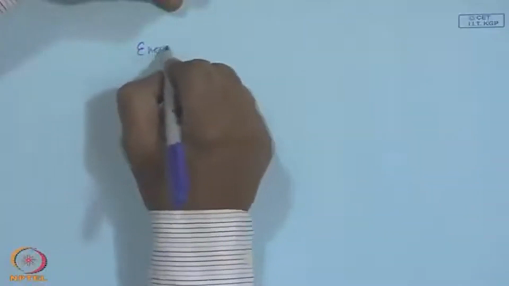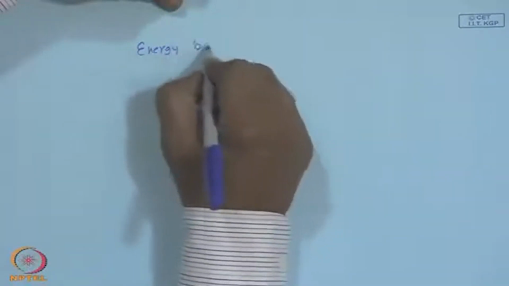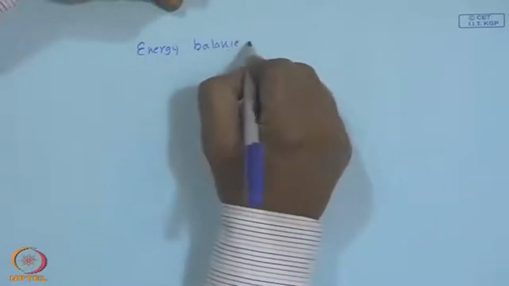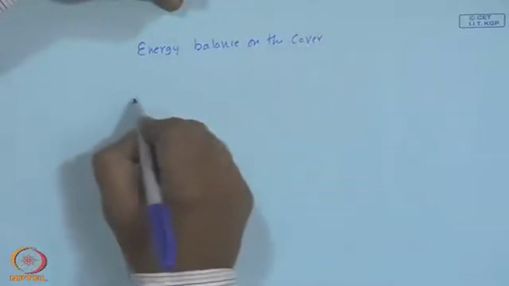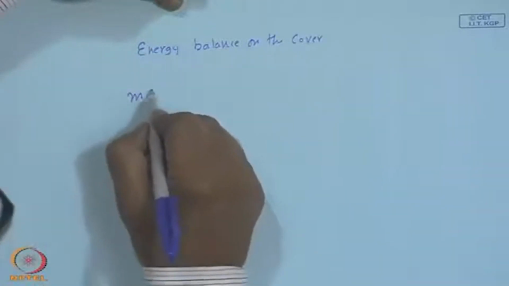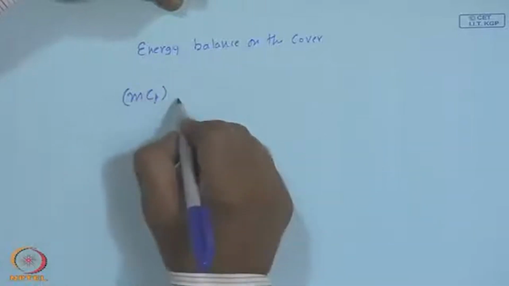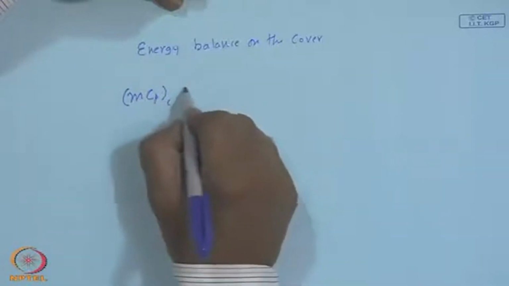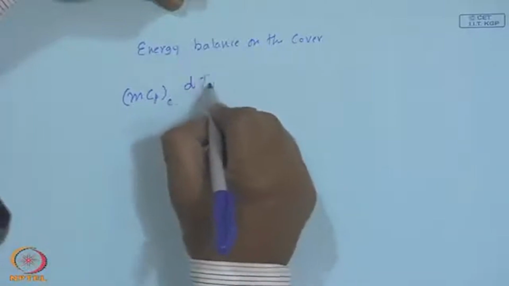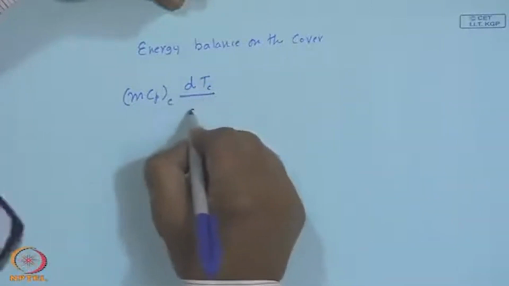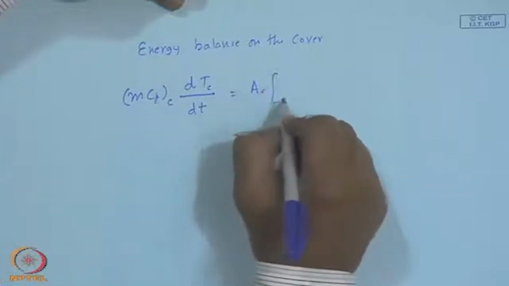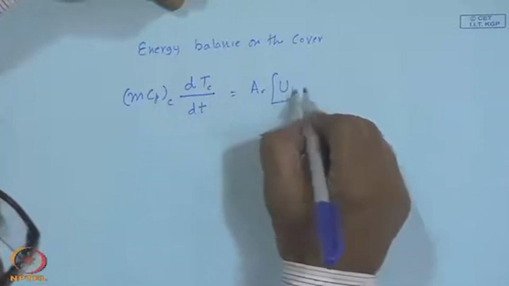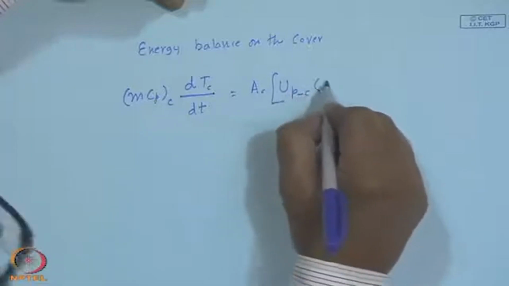And a similar energy balance on the cover gives me m C p for the cover times d T c upon d t should be equal to A c times the overall loss coefficient from plate to cover.